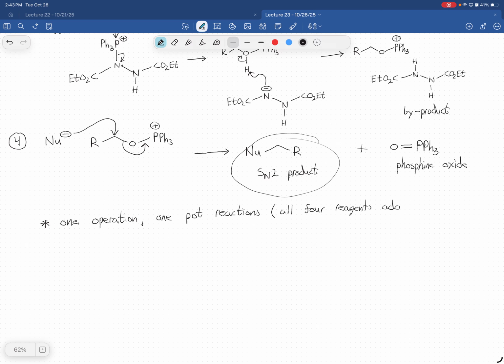So this is also called a multi-component reaction. A few of these reactions that work like this were made at Davis. All right, so they like these types of reactions. All right, so I would say this reaction is useful for forming esters with inversion.